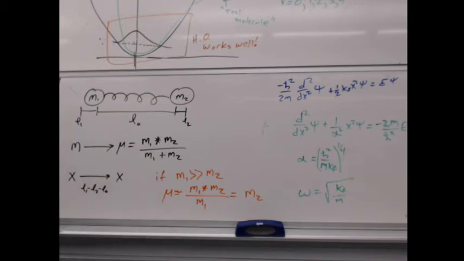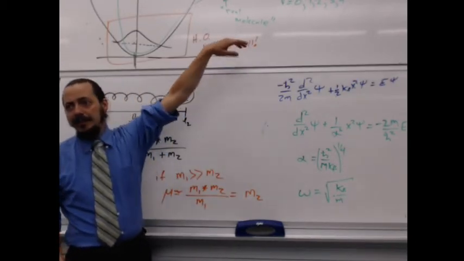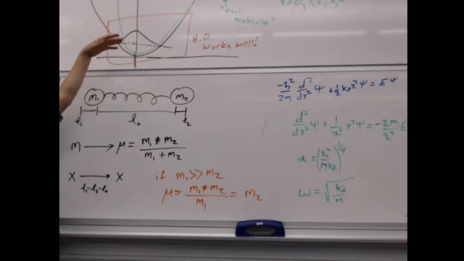As long as we're just doing little displacements, you actually get pretty reasonable answers using the harmonic oscillator potential rather than using the Lennard-Jones potential, which is like a 1 over x to the 6th minus 1 over x to the 12th, if I remember correctly.